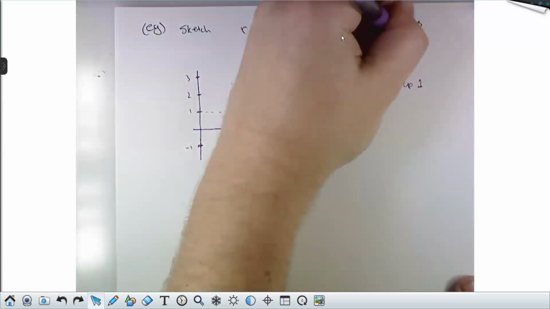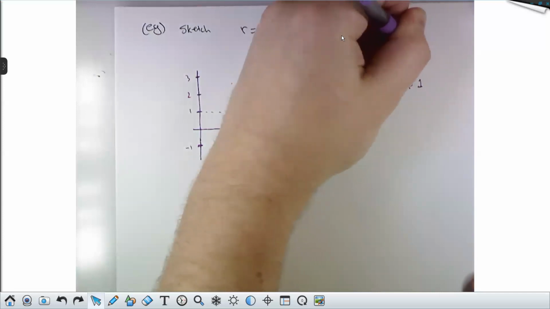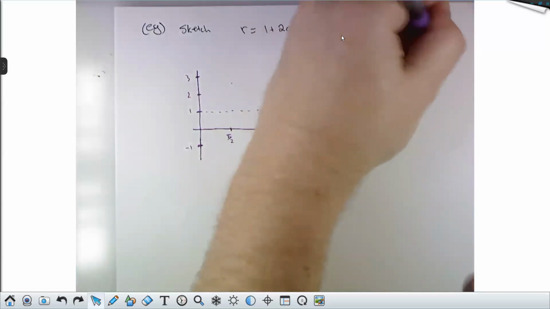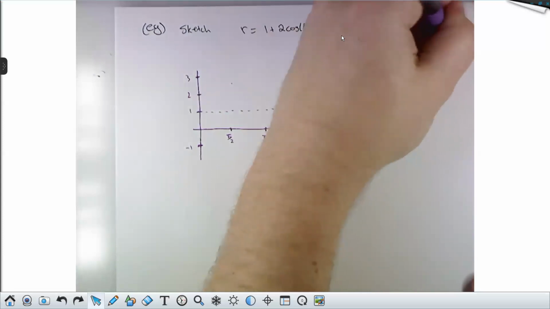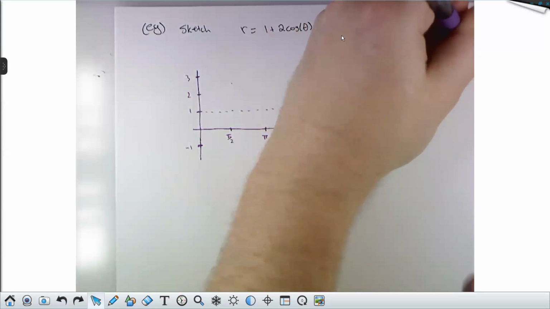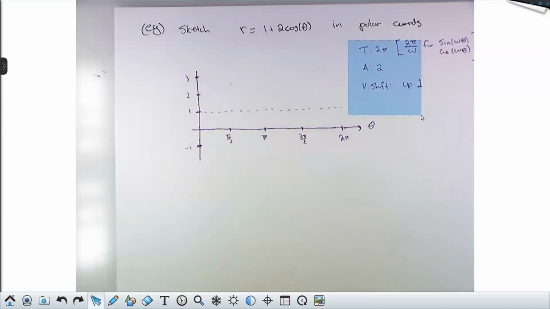The formula here is 2 pi over omega for sine omega theta or cos omega theta. I will try, but the trig review is where that stuff is all located, right? If you need to review how to find this stuff, then I would encourage you to look at the trig review module in Canvas.